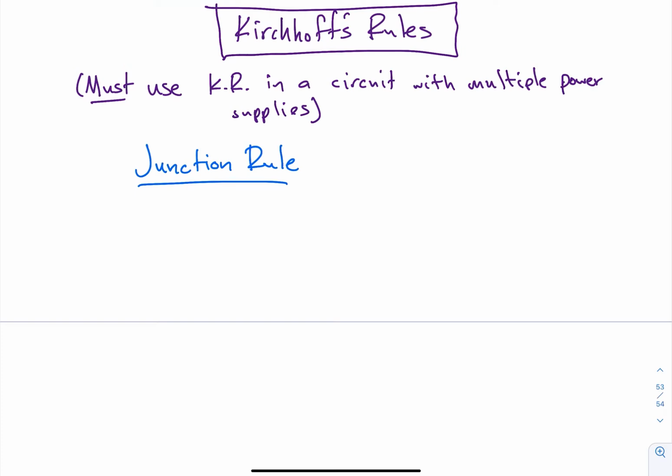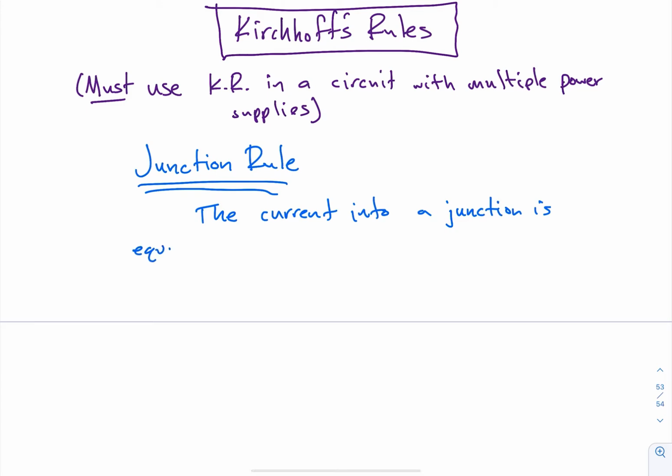And the Junction Rule simply states that the current into a junction is equal to the current out of a junction. And then, of course, we can represent that statement mathematically.